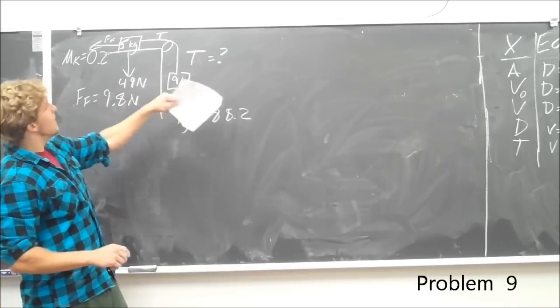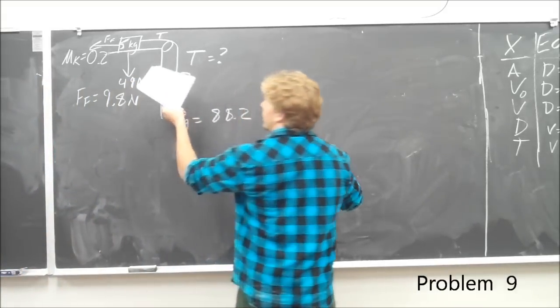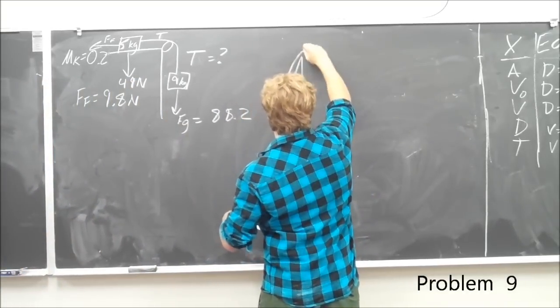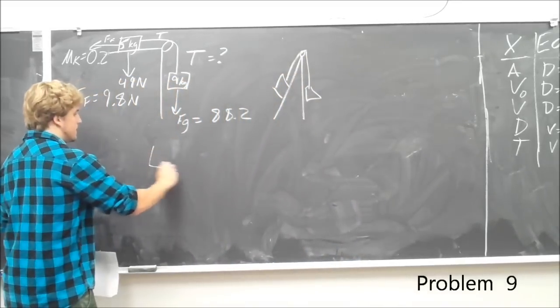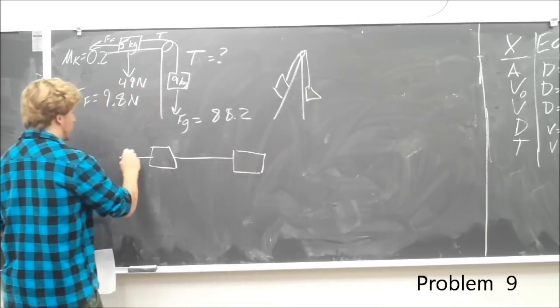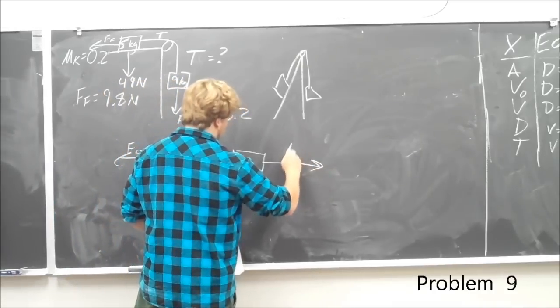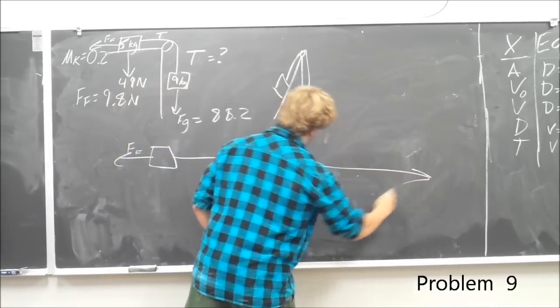So the F net, with all pulleys, no matter what angle they're at, if it's 90 degrees or some crazy degree, all pulleys can be seen as basically a tug of war of forces. You have force of friction and Fg, where Fg is a lot bigger.